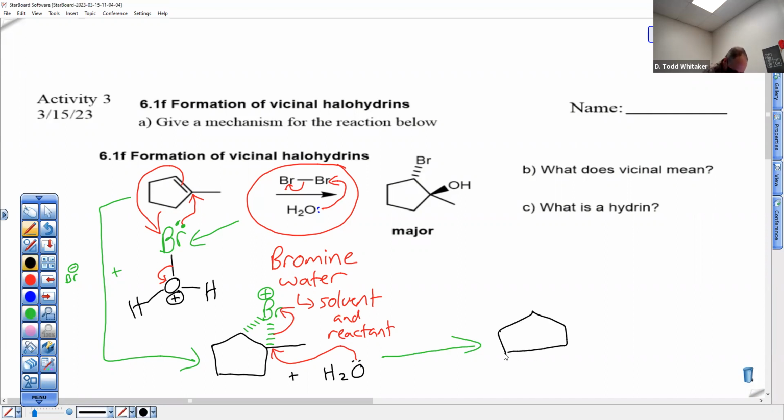It was after he was around that expression was invented. And what's the backside of a dash? A wedge. So you better draw the new one on a wedge. And please note that it still has two H's because you haven't touched the H's yet. And the Br, that bond survived. The other one did not.